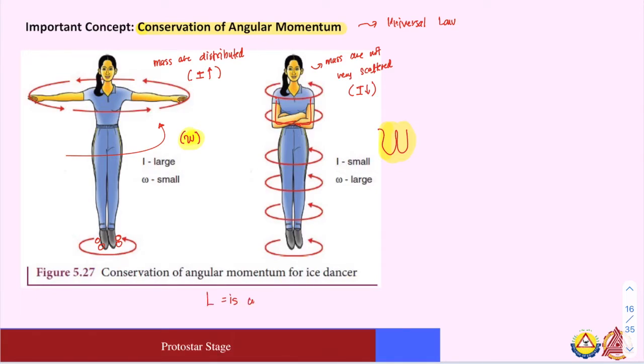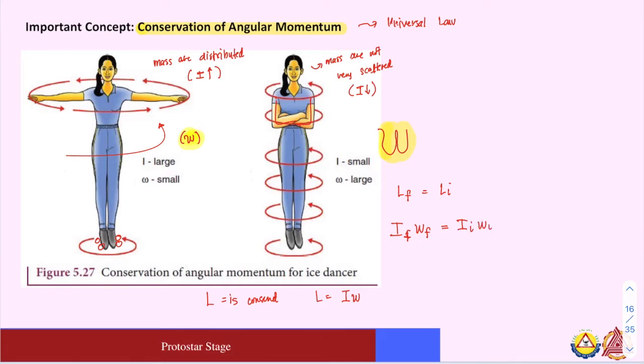By the way, your L is just I, the moment of inertia, times the angular velocity. So if it is conserved, that means L final is equal to L initial. Angular momentum final is just equal to angular momentum initial. Let's do some basic mathematics: I final times omega final is equal to moment of inertia initial times the initial angular velocity.